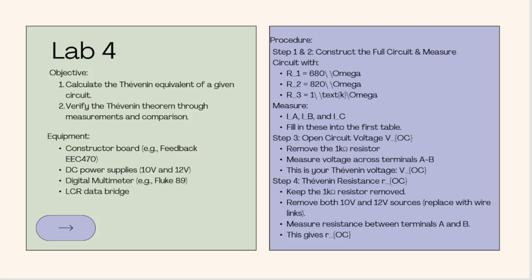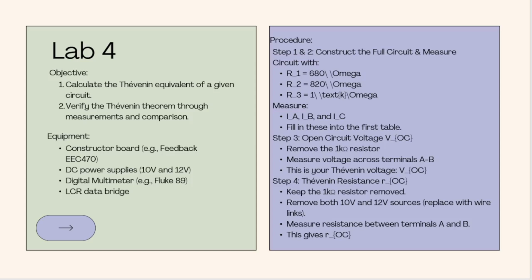Lab 4 objective is to calculate the Thevenin equivalent of a given circuit and verify the Thevenin theorem through measurement and comparison. For the equipment, we have a construction board, a DC power supply with 10 volt and 12 volt, a digital multimeter, and an LCR data bridge.